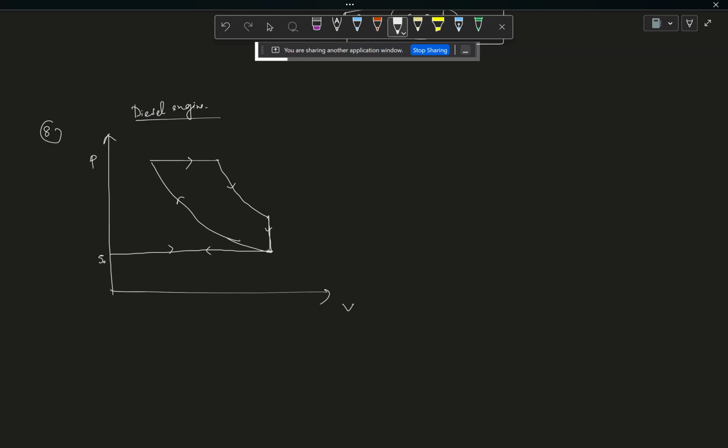This is point 1, 2, 3, 4, and the different point values of the parameters of volume and pressure are marked. Like this is V2, this is V3, this is V1.